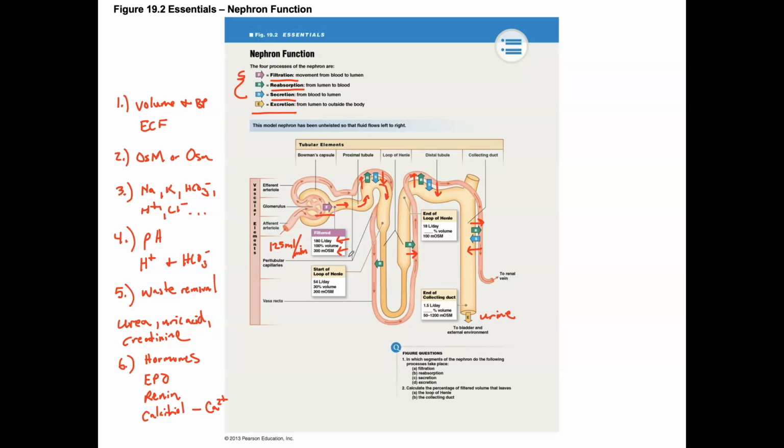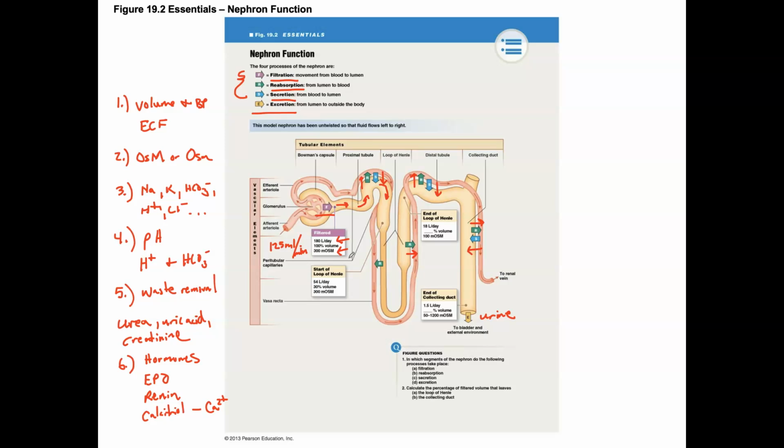There, we are essentially taking back electrolytes, water, nutrients that we want to hang on to, so glucose, amino acids, essentially keep the good stuff and allow the waste material to continue moving on through the nephron system.